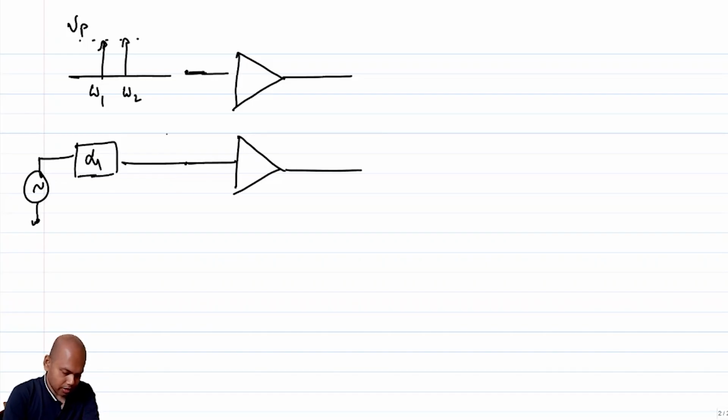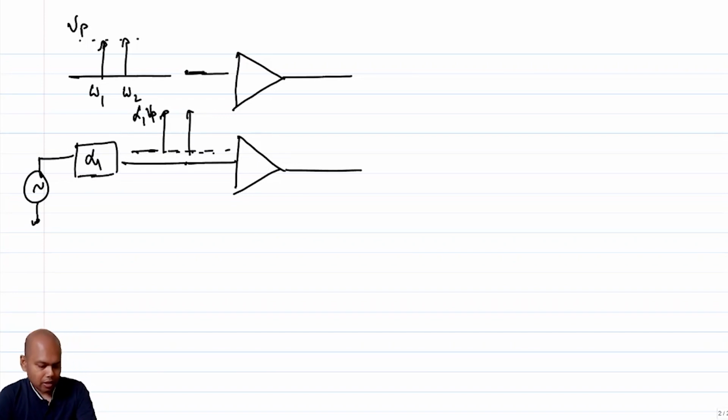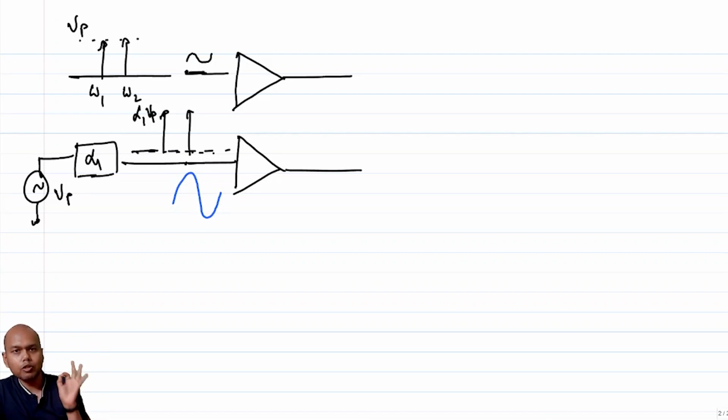So what do you see here? The input strength will be α1 times Vp. As far as this block is concerned, with respect to the input, it is seeing a lot higher voltage swing. So in the top case, if the voltage swing is something like this, in the bottom case the voltage swing will be much higher for the same input swing.